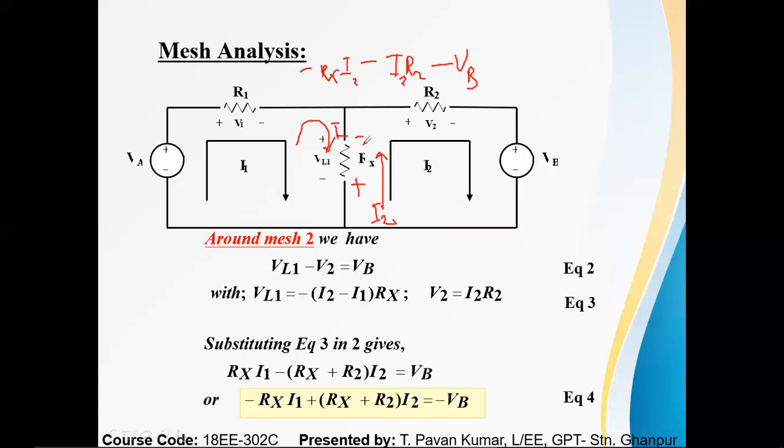Based on this sign indication, the leaving sign is my plus Rx I1 is equal to 0.